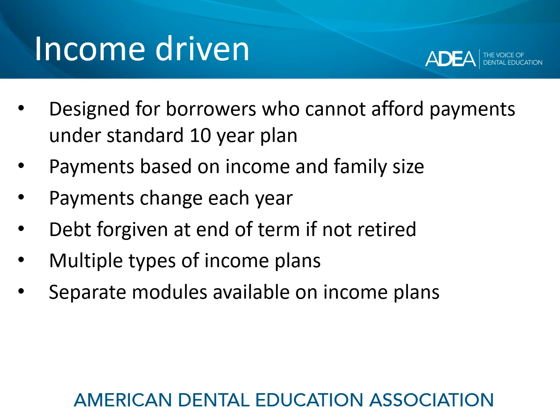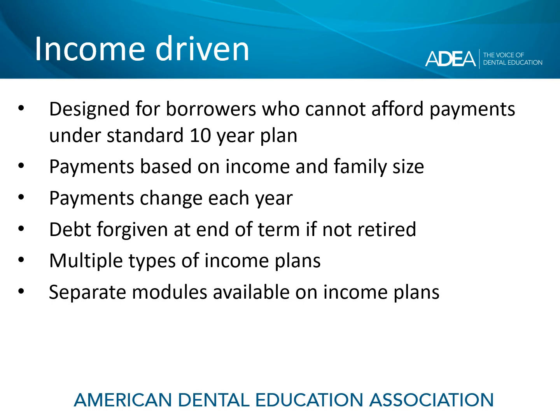Now, the second category of repayment plans for federal student loans are what are called income-driven repayment plans, or IDRs. These are designed for borrowers who cannot afford payments under a standard 10-year plan. Now, very important, and something that we get into in much more detail with the separate modules we have on the income plans, very important for you to note that payments with an income plan change every year, and they are based on income and family size.